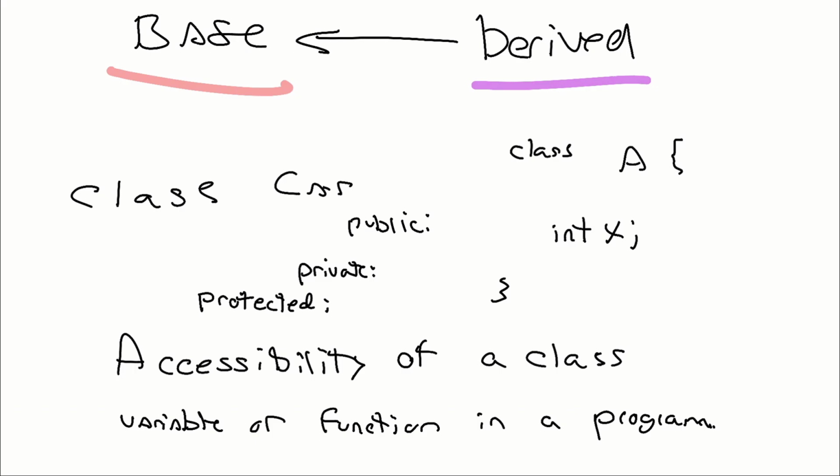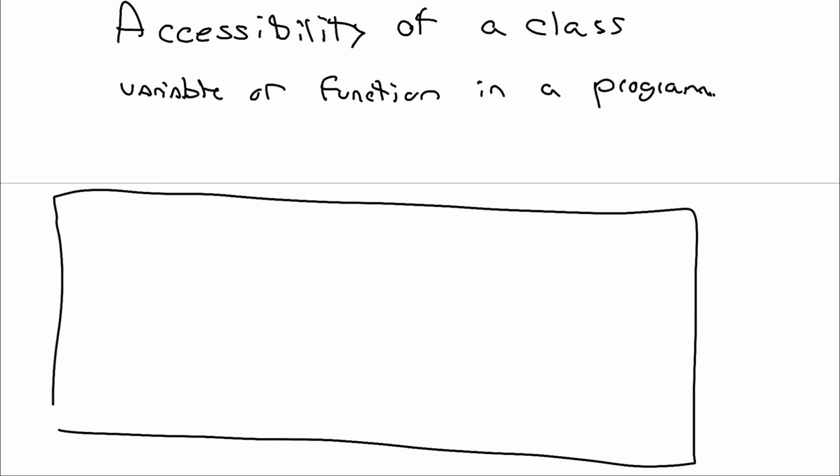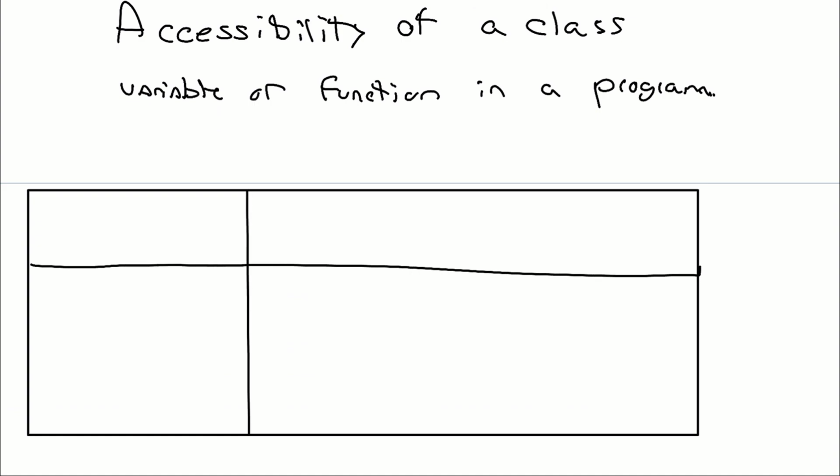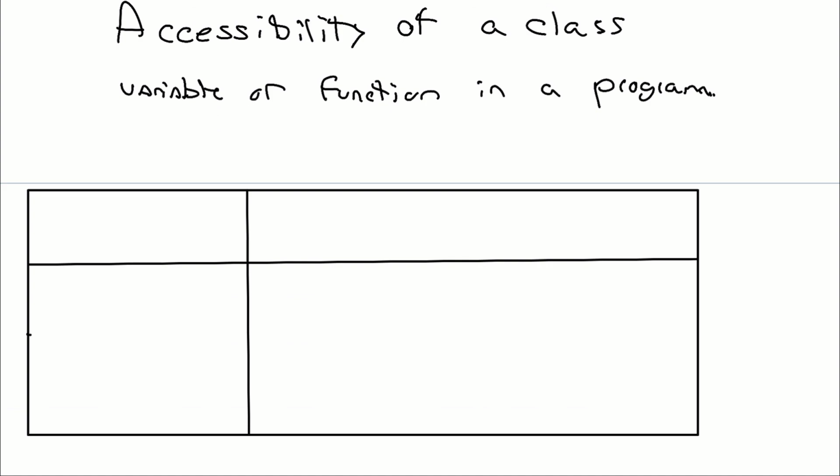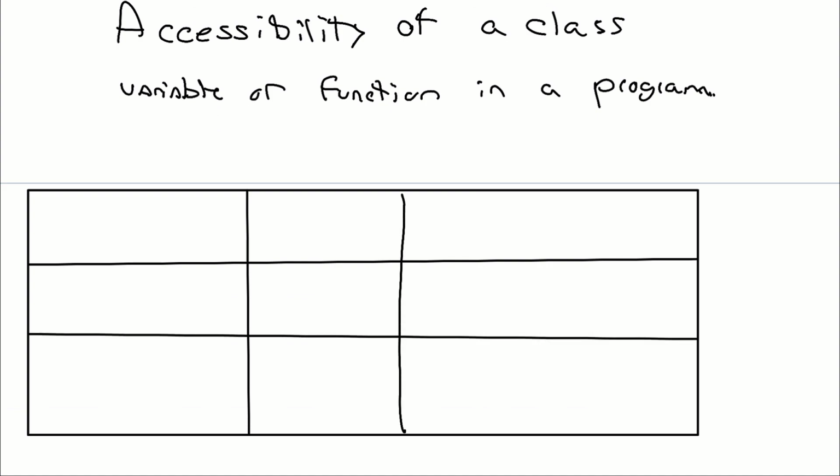So, let's put it in the chart now. In our chart, we're going to have a 3x3 sort of chart. You can find some equivalent of this chart in a lot of places on the internet. It's going to be kind of a yes or no chart.